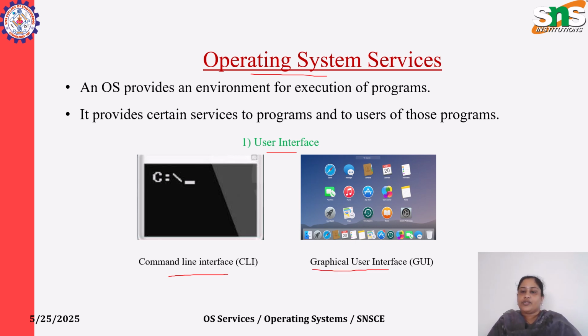What is a command line interface? In a command line interface, you key in characters and do whatever is necessary. For example, if you want to read a file, you type read and the file name, and that file would be read. Whereas in a graphical user interface, when you want to access something, you just double click using a mouse pointer. So these are the two types of interfaces provided by the operating system.